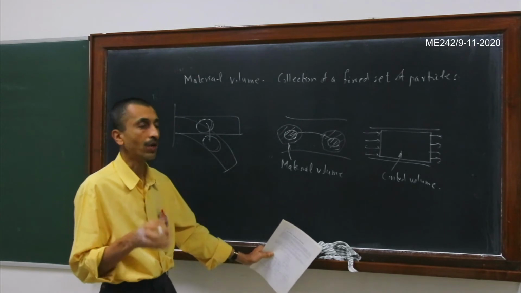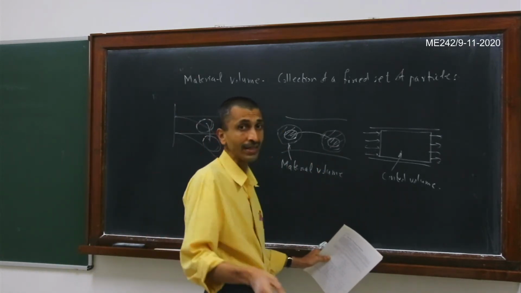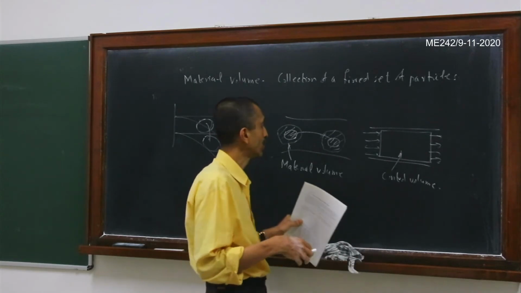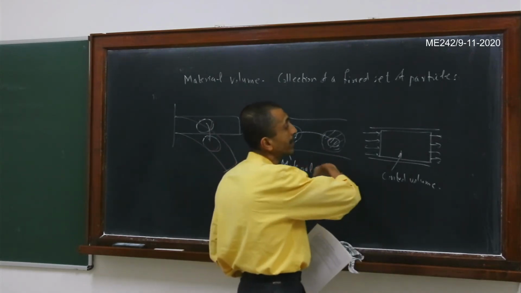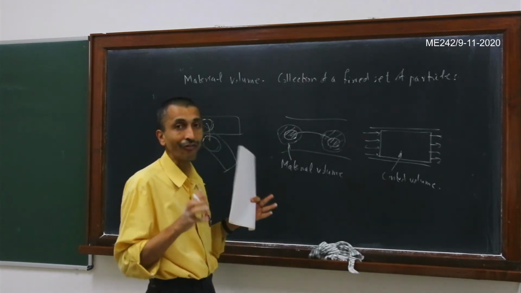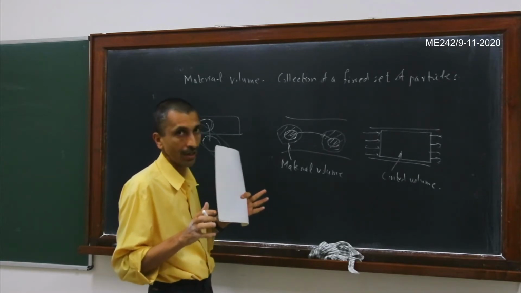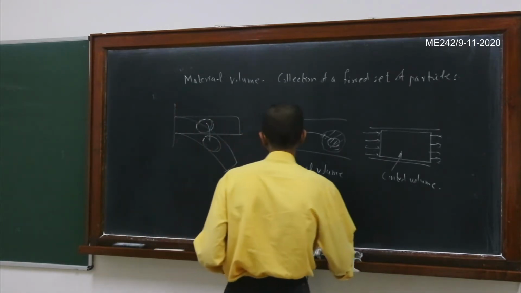And so the control volume forms are obtained later on. You have to start from the material volume and then you can derive the control volume from that. But the starting fundamental principles are all for a material volume. So that is something you have to bear in mind.